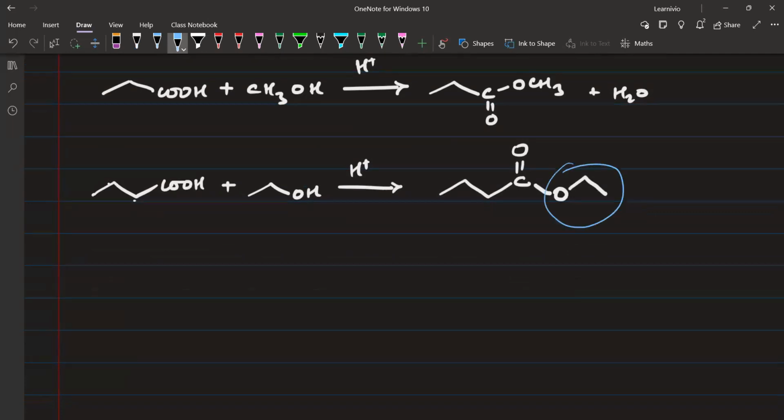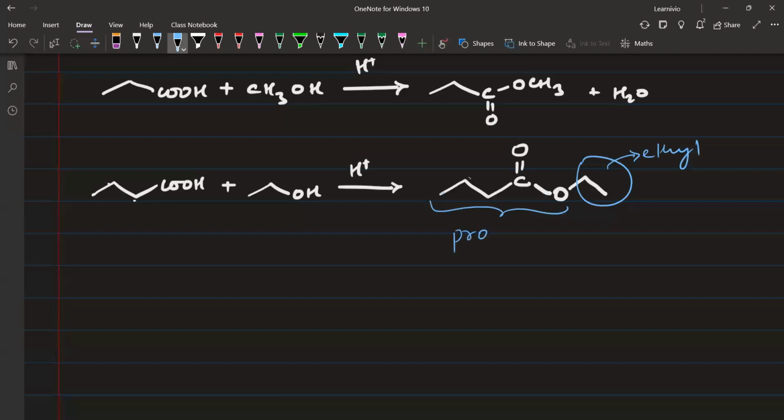Here we have 2 carbon atoms, so this will be known as ethoxy. You have to identify the alkyl group only, so this will be ethyl.